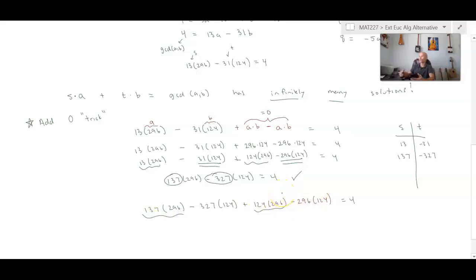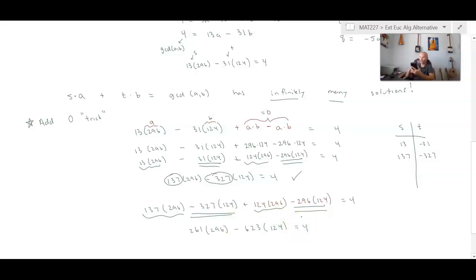I have 124 more. 137 plus 124 gives me 261 296s. And then here I have negative 327 124s. Here I have negative 296 124. So in total I have negative 327 plus negative 296 is negative 623 124s. And I'm claiming that that should still equal 4.